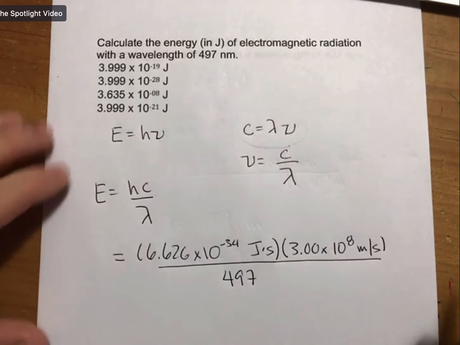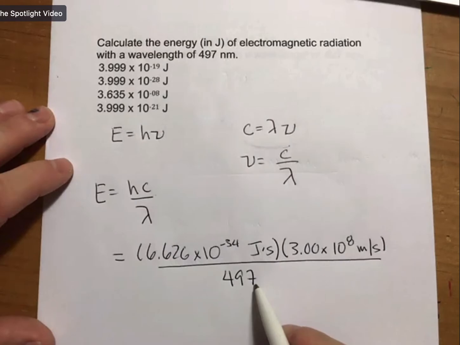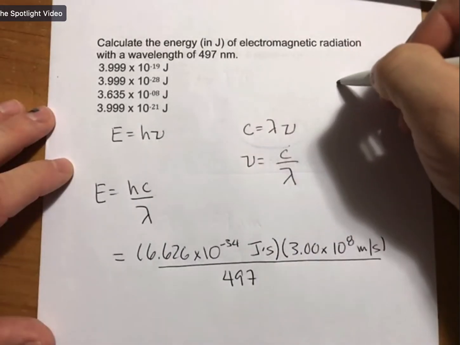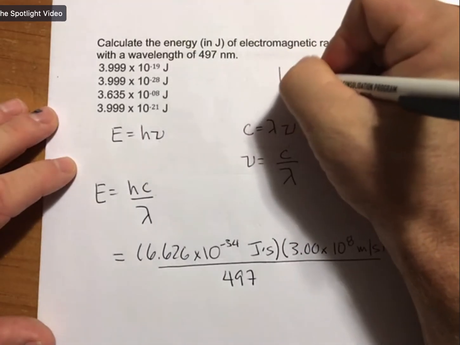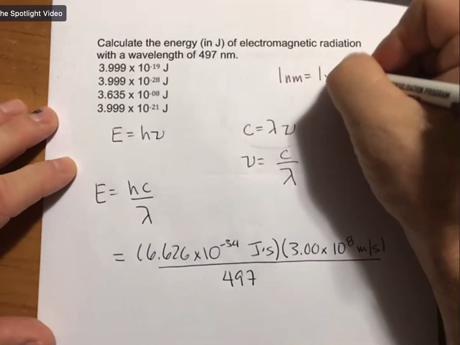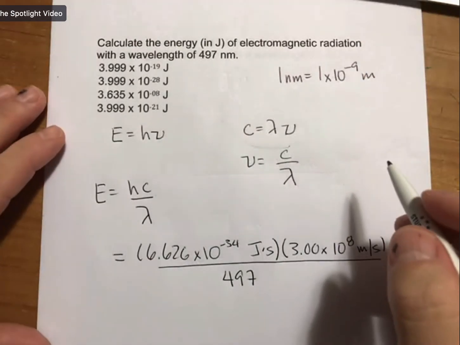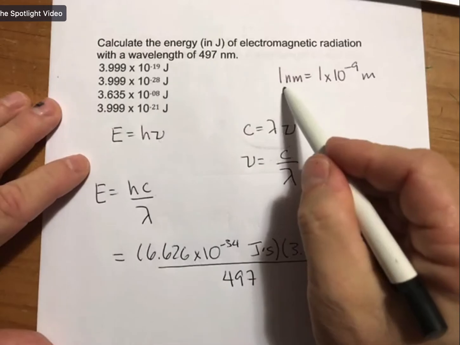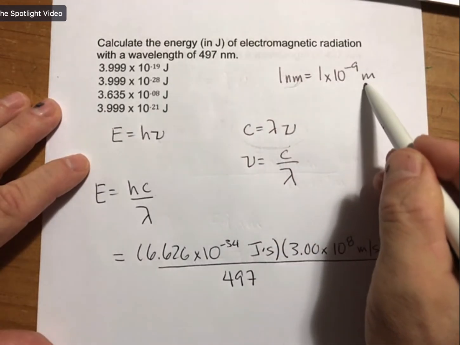One of the things I talked about in the lecture outlines is that you can do a separate conversion to convert nanometers into meters. We just did this, but let me write it again. One of the shortcuts I suggested in the lecture outlines is that wherever you see the word nanometers, you can just write times 10 to the minus 9 meters.